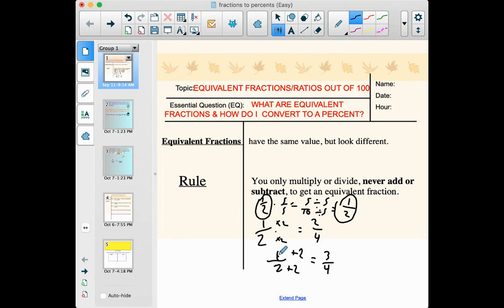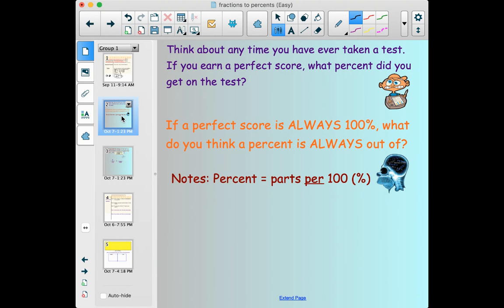Well, 1/2 is not the same as 3/4. 3/4 is cut into 4, and we have 3 of the 4 pieces. So if you try to add the same thing to the top and bottom, it's not going to keep the fraction the same. So we cannot do this. We always have to multiply the top and bottom. In this case, if you want to get the 2 to a 4, you can't just add 2, you have to multiply by 2. That would give you the same thing we got here. So that's something to remember as we go forward.